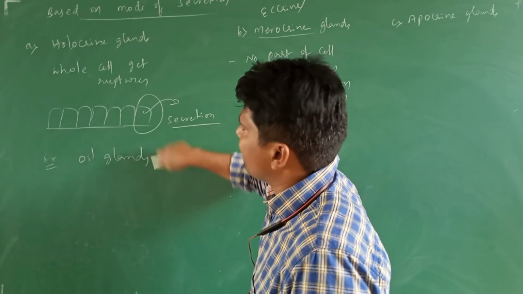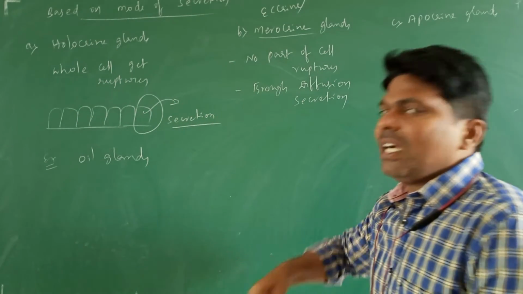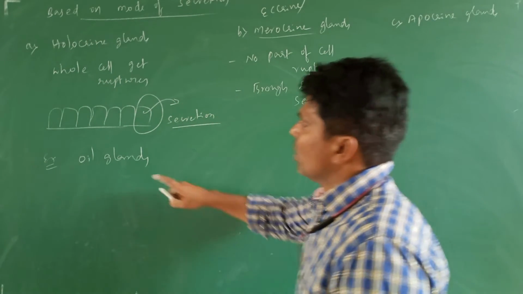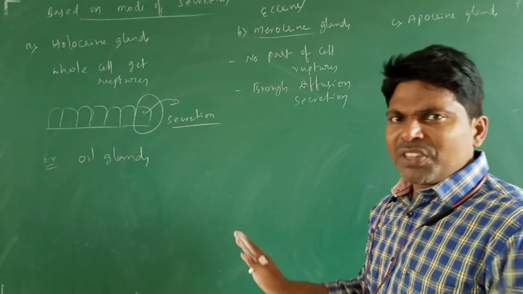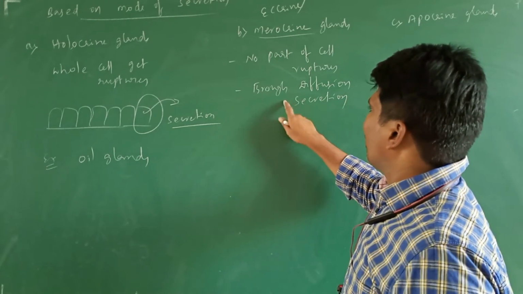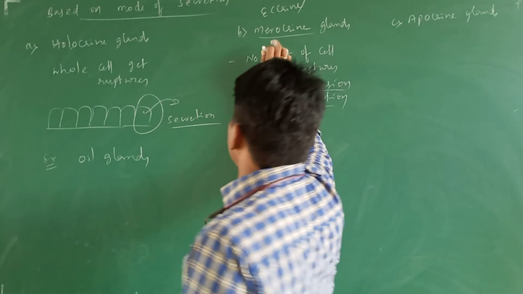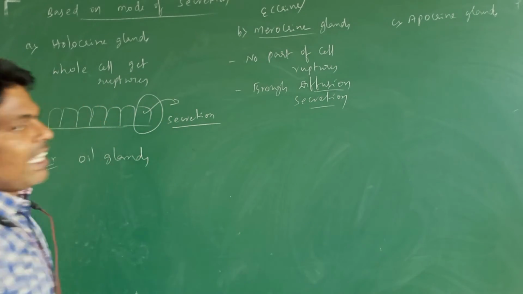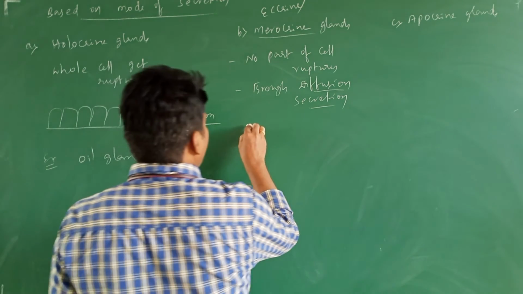Here in holocrine, the entire cell ruptures and the contents are released outside, so that is the oil glands example. Here in merocrine, no part of the cell ruptures at all, the entire cell remains, and through the diffusion process secretion takes place. This we are also going to call merocrine and eccrine. Where do we observe this? Salivary glands and sweat glands.